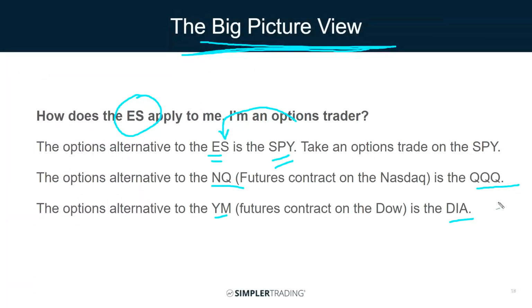The same setup is going to apply to the NQ as it would the QQQ. The only difference is one is executed as an option, right? So I'll play an option on the QQQ, and the other can be a futures trade. And by the way, if you like micro futures, no problem, right? Micro futures, mini futures, options on the QQQ.